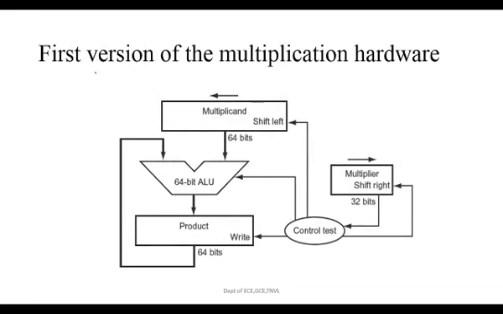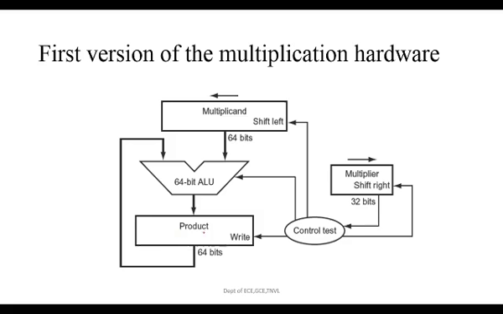This is the first version of the multiplication hardware. It includes the multiplicand register, the multiplier, by which we are multiplying the multiplicand, and the ALU, the arithmetic and logic unit, which performs the multiplication operation.